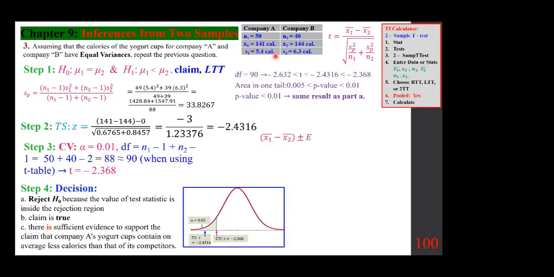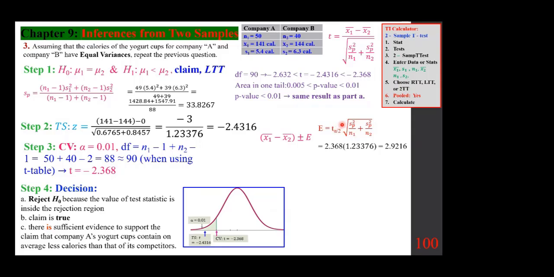Nobody expects you to do this by hand because the table is extremely limited. What I want to explain here is, if you kept up with this calculation, take a look. The numerator is x1 bar minus x2 bar. What about the denominator? Remember what E is. E is t alpha over 2 times the square root of Sp squared over n1 plus Sp squared over n2.